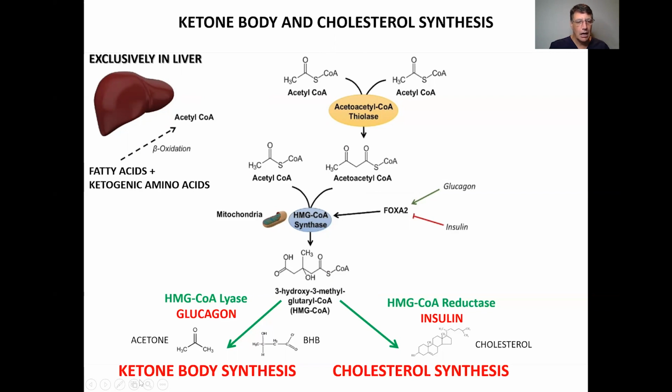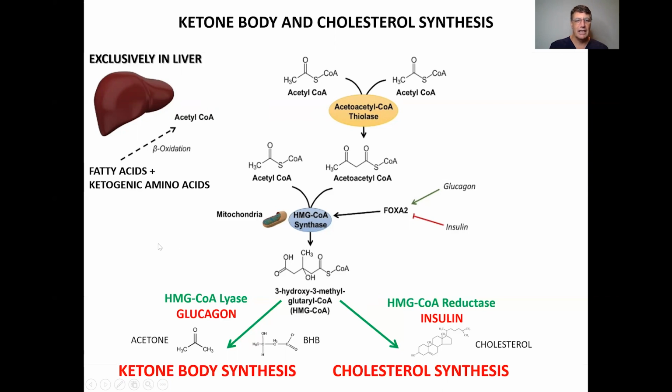First of all, in large amounts in the fasted state, under the influence of glucagon, HMG-CoA lyase produces ketone bodies, beta-hydroxybutyrate, and as a byproduct of that, acetone. That beta-hydroxybutyrate gets into the bloodstream, and we measure it as ketone bodies. It is biologically the primary fuel that almost all cells prefer to use in a fat-adapted, healthy human state.